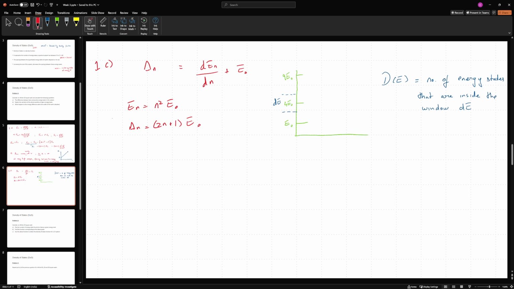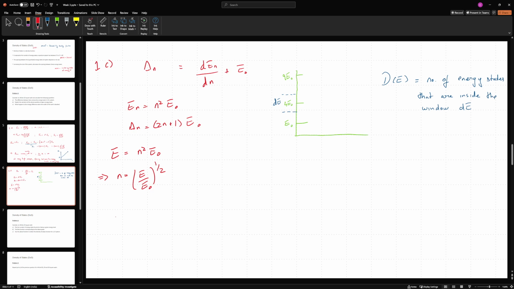I know E is equal to n squared E naught, which implies n is equal to (E by E naught) whole power 1 by 2. I hope this is okay with everyone.